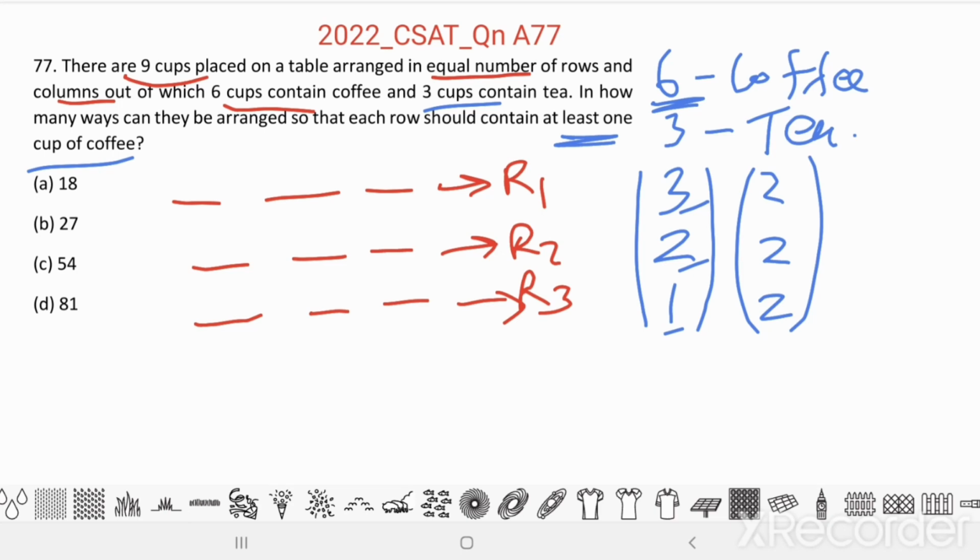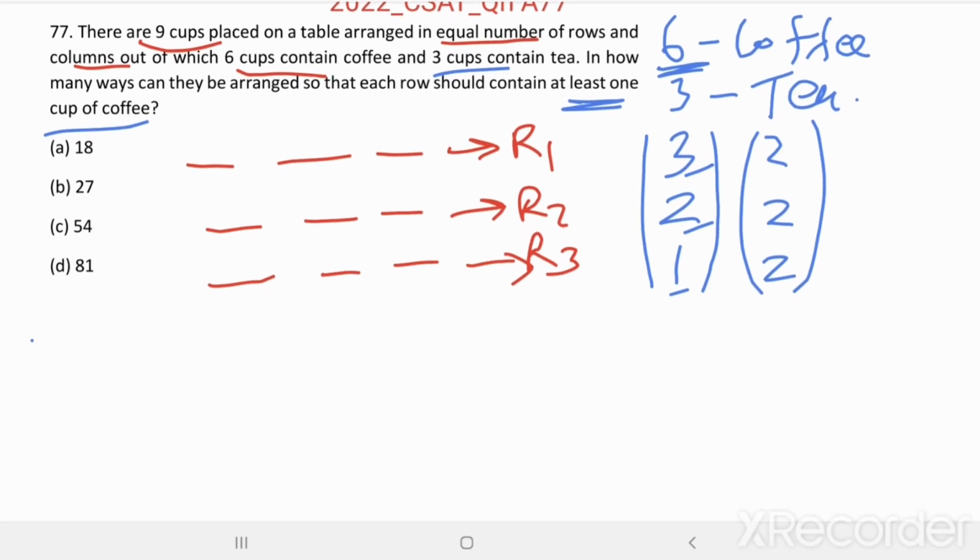Now let us see how many arrangements are possible. Case 1. R1 contains 3 cups of coffee. All the coffees are similar, so 3 cups of coffee you can keep in these three places in one way.